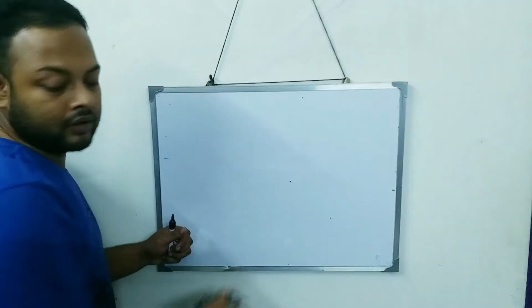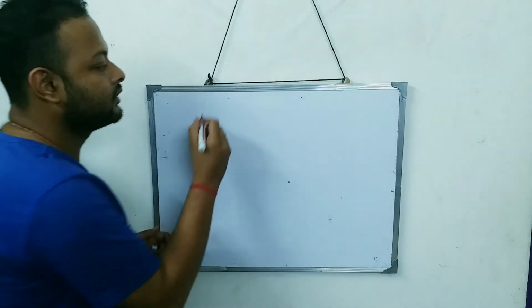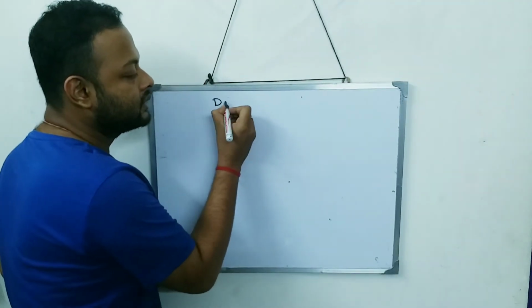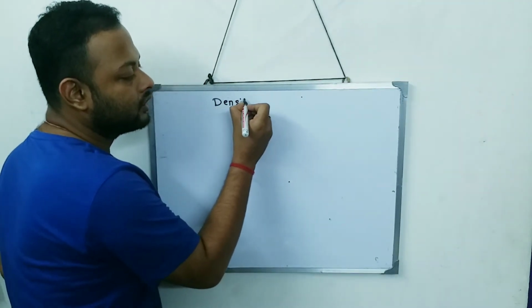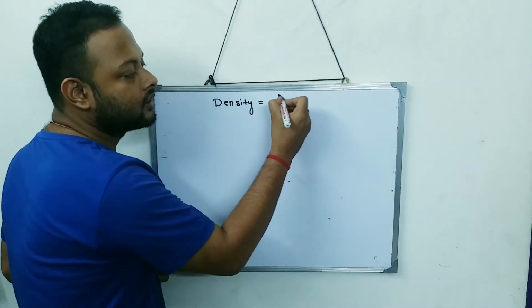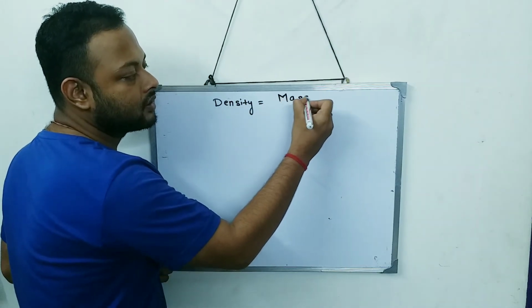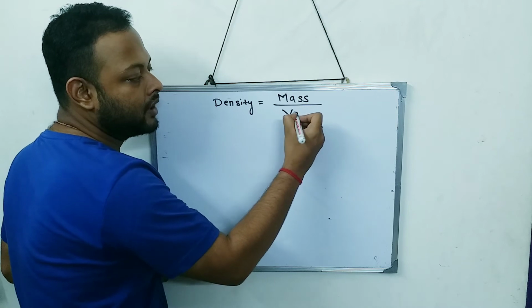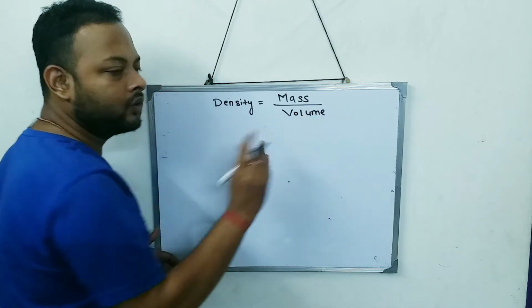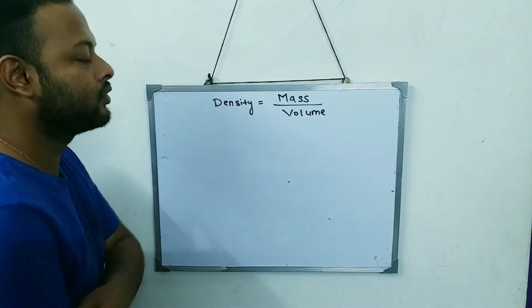Now what is the formula of density? We have discussed the density formula is mass divided by volume. We know this formula. In class 7 also we came to know.